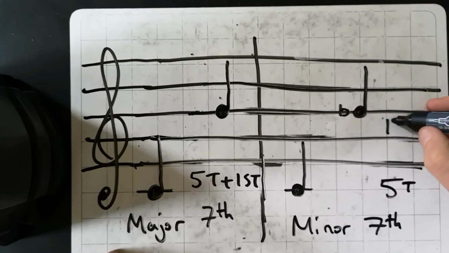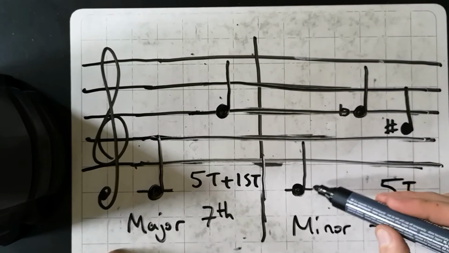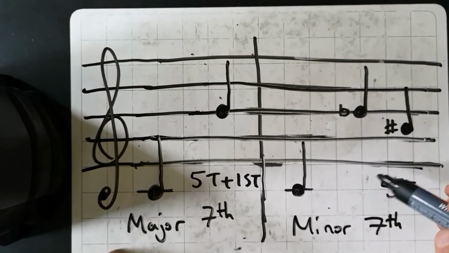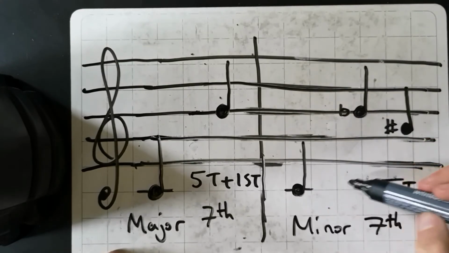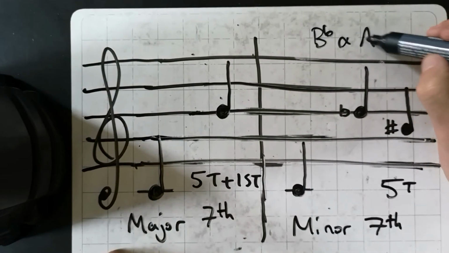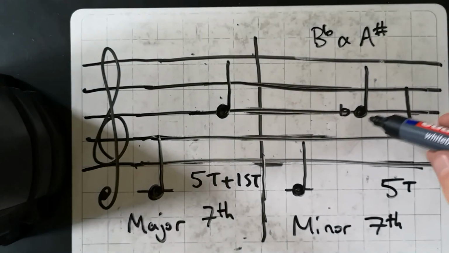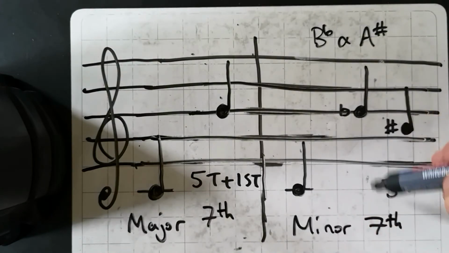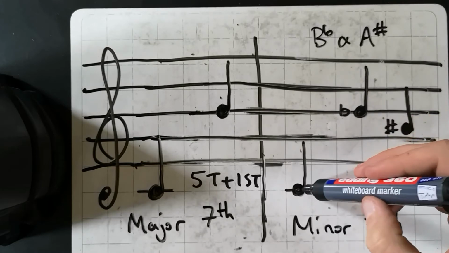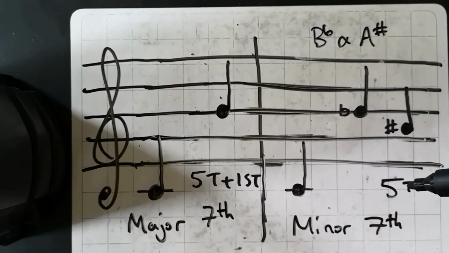Again, not A sharp, because that's only a sixth away from C to A sharp. That's a sixth, whereas C to B flat is a seventh. And again, although B flat and A sharp are the same note and sound exactly the same, we're looking at the distance between the two. If I want to know a minor seventh, I don't go up a sixth, I go up a seventh, okay, to B flat.